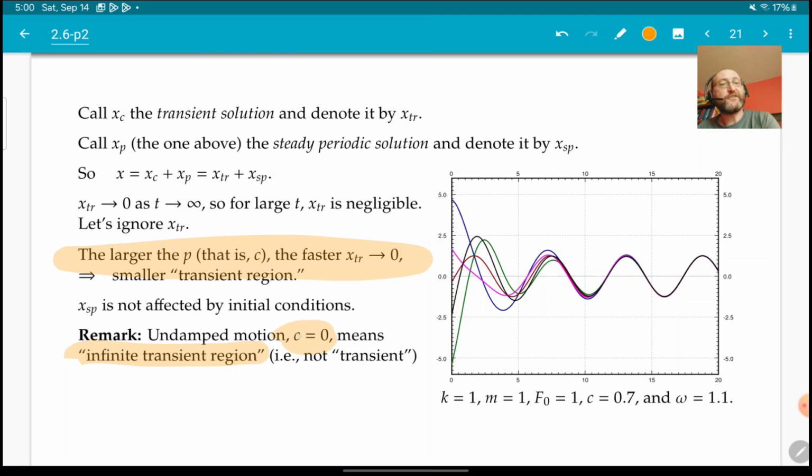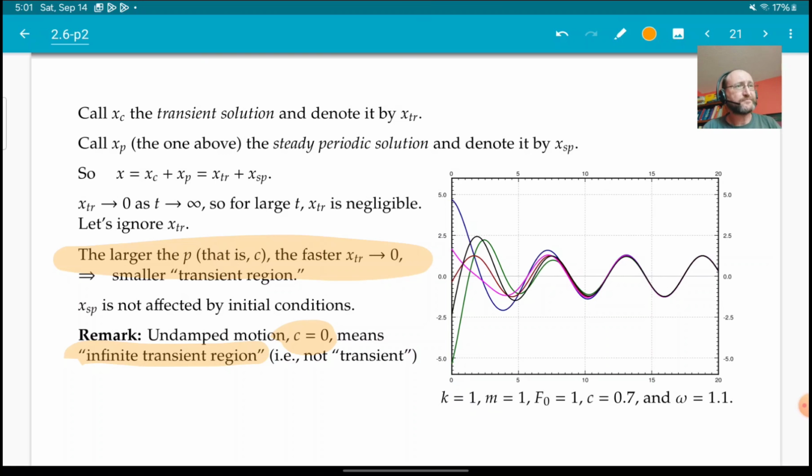So that's basically what we were getting last time. Now, in real life, there's always some damping. But if the damping is really, really small, then it might take a long time for the initial conditions to not matter. And the other thing to think about is that this should all kind of make sense.